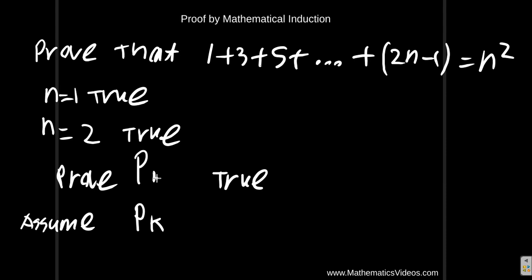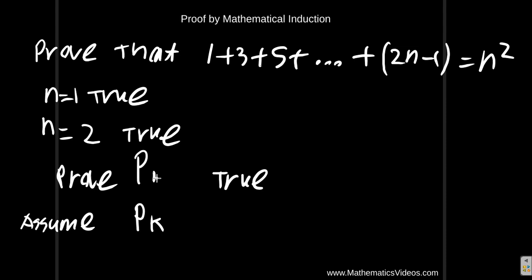So what you do, assume that it is true when n equals k. You use k, you don't want to give a specific number. K can be any number. Could be 2, 3, 4, 5, whatever number. If you make k equal 2, it proves that it is also true for n equals 2, and so on.